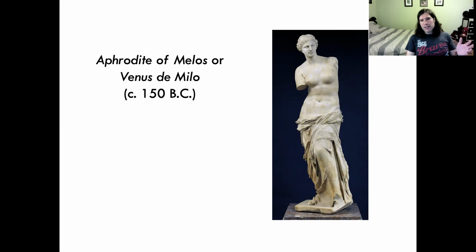But what we see here with the Venus de Milo is a really exaggerated contrapposto. So exaggerated, it's the first thing you notice, that torque of her body, almost suggesting motion as if she's swiveling to turn and face someone else. So that illusion of movement is something typical of Hellenistic art, but something we saw very little of in classical Greek art.